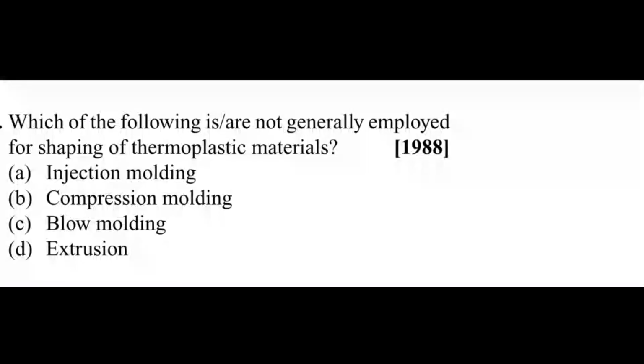Which of the following are not generally employed for shaping of thermoplastic materials? Compression molding. Which of the following commonly used items are not produced using thermosetting plastic? Household buckets, dining table tops.